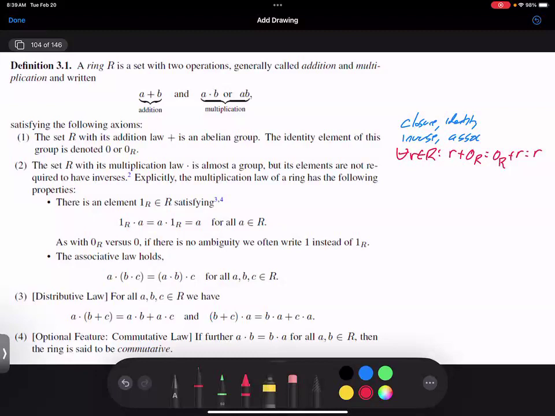The next is that the set R with its multiplication law is almost a group. So it almost satisfies the four properties. It has closure. It has identity. It has associativity, not necessarily inverses.